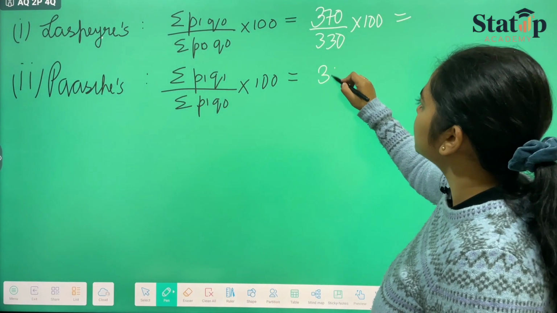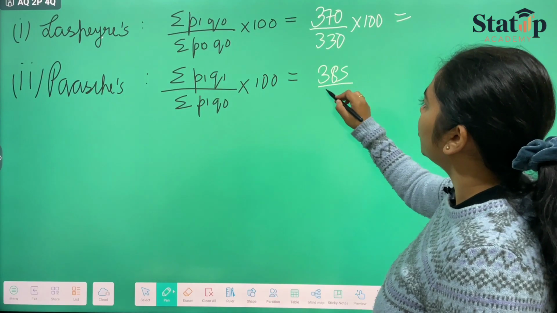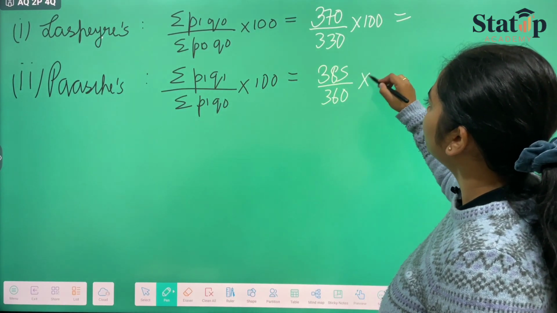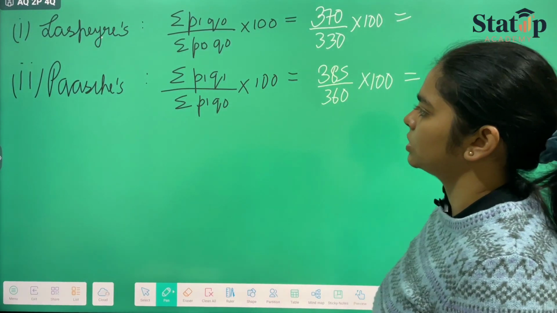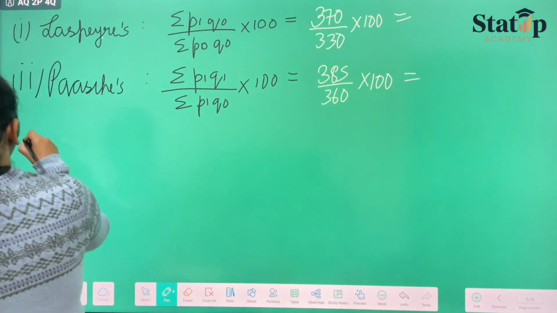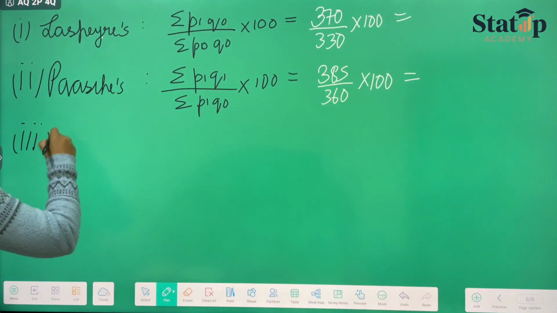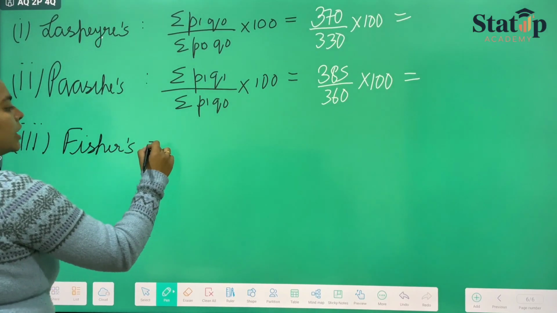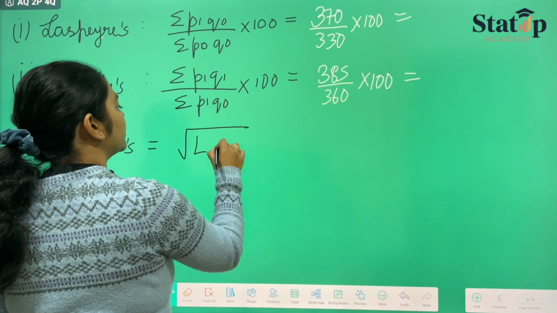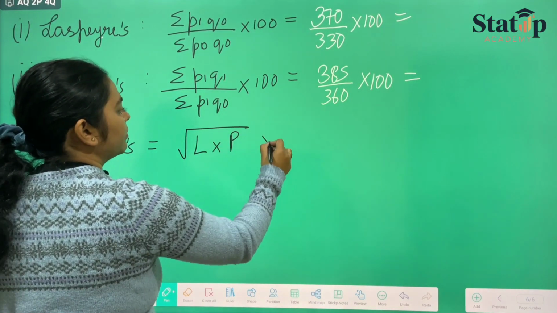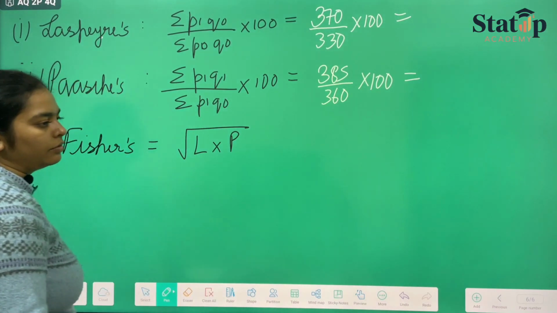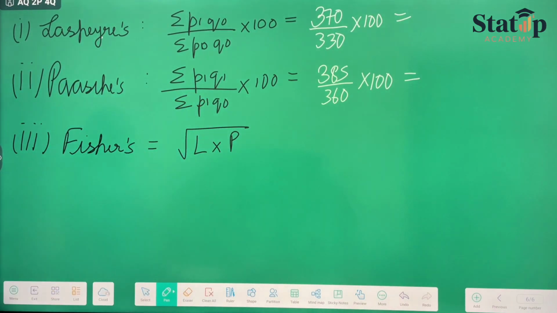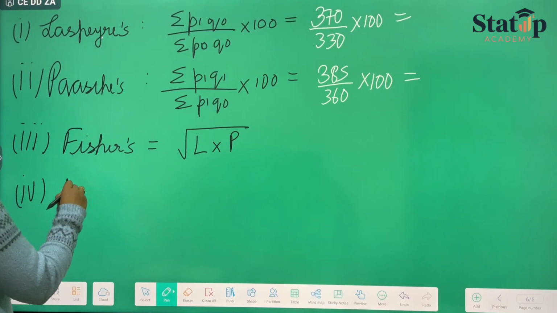So 385 upon 360 into 100 will give us Paasche. And Fisher's also we can calculate like this only. Fisher's is equal to the square root of Laspeyres into Paasche. No need of 100 here because we have already taken 100 in the above. And the fourth one is Marshall-Edgeworth.